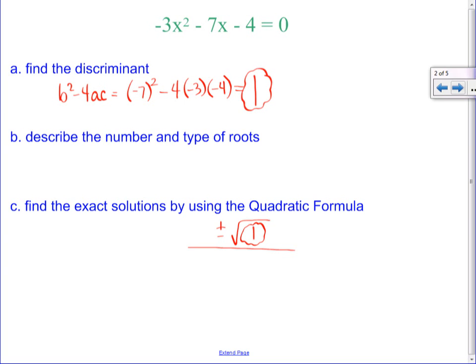We'll come back to b in a second. We've got negative b, which turns out to be positive 7. And then 2a. So let's think about that. If we get a number like 1, what happens right here? Are we going to get an irrational answer?